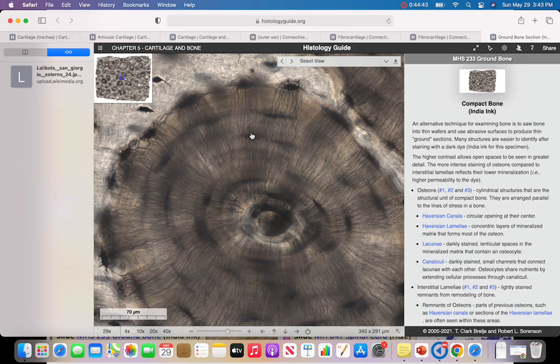These processes run through the canaliculi and communicate with adjacent osteocytes by gap junctions. One of the functions of osteocytes is trafficking of nutrients and wastes. Adjacent osteocytes communicate through these very thin, hair-like canals known as canaliculi.